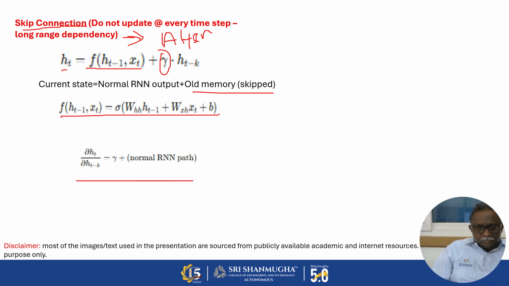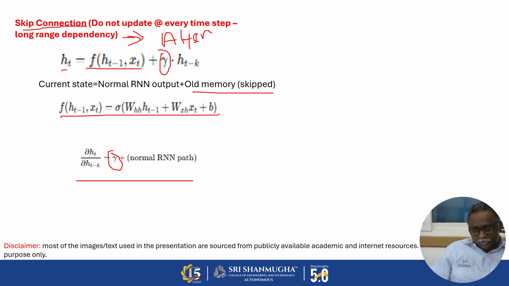So this is the function that we use, and even if you differentiate with respect to previous time steps, from t to t minus the skip length, you will have this gamma value. So it doesn't allow the vanishing gradient, it doesn't allow the network to become 0. That is the advantage over the earlier one.